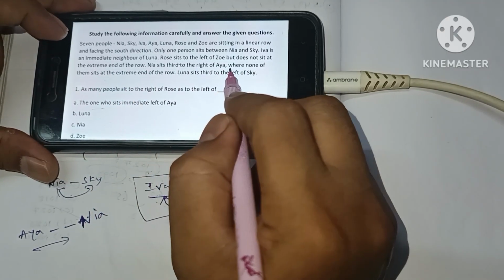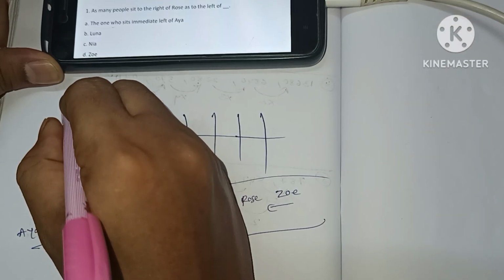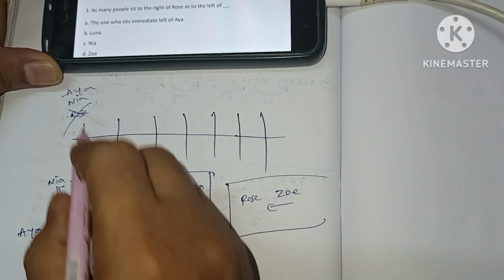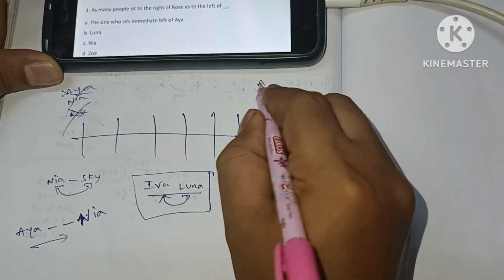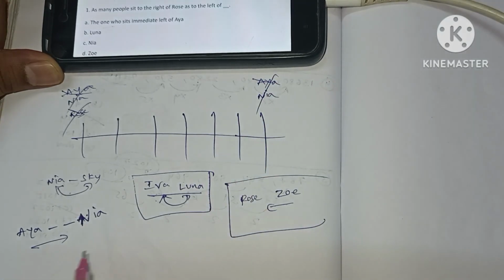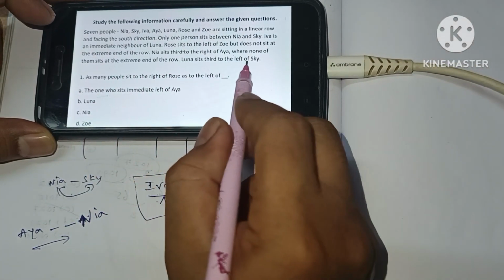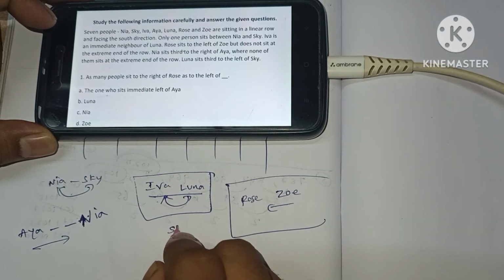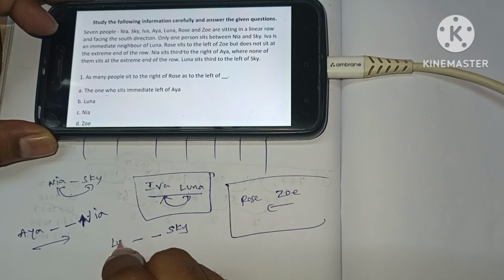So Nia and Aya do not sit at the extreme ends. Okay, let's see the final one. Luna sits third to the left of Sky. Sky, and to the left the third one is Luna.